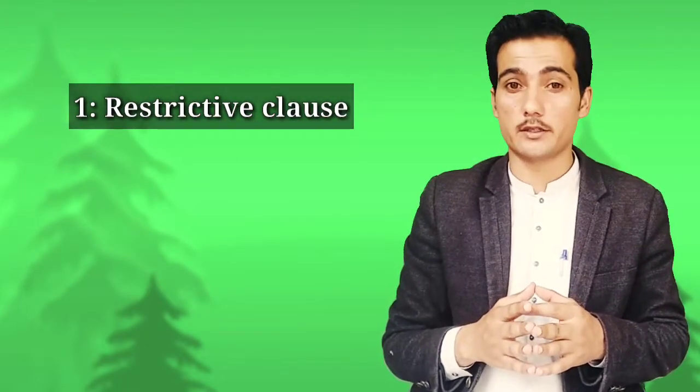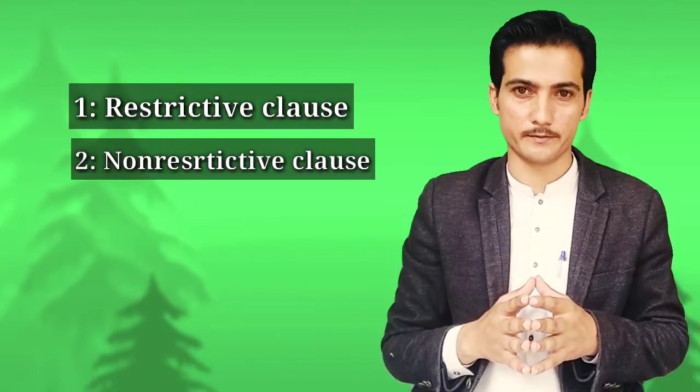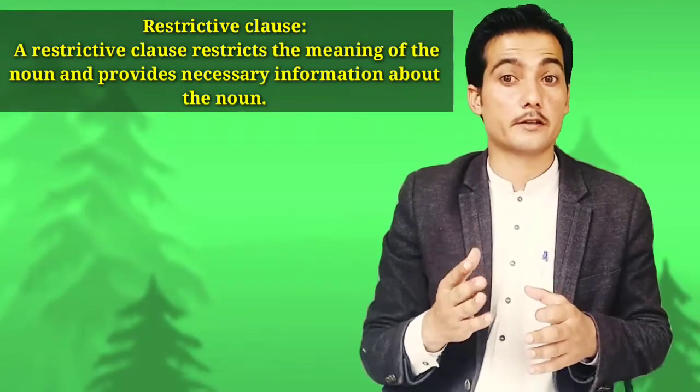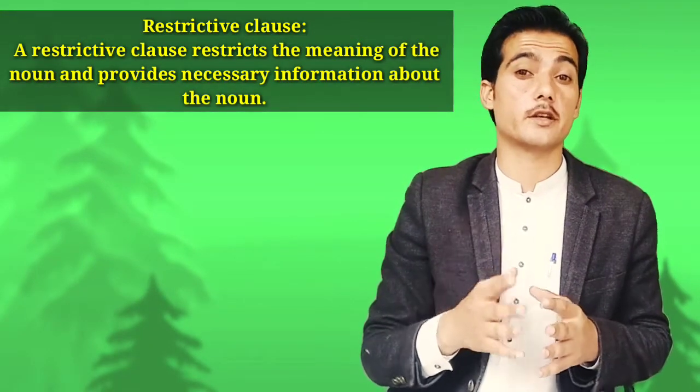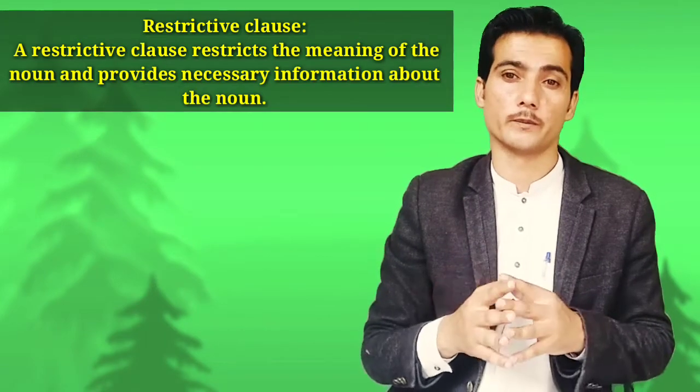There are two kinds of adjective clause: restrictive clause and non-restrictive clause. A restrictive clause restricts the meaning of a noun and provides necessary information about the noun.